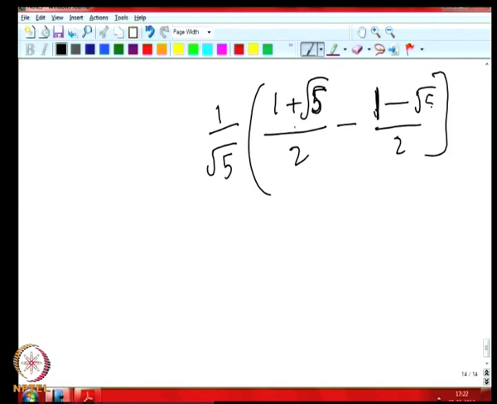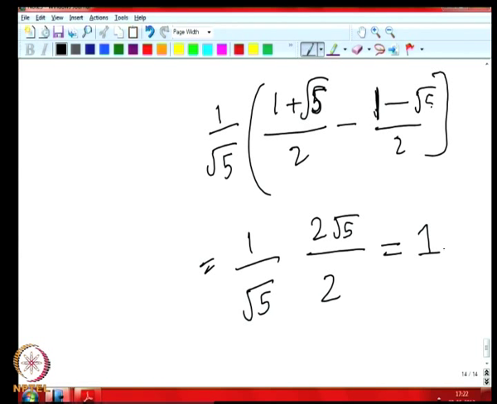This 2 is common, so the 1 cancels off, and then we get 1 by root 5 into 2 root 5 by 2, this is 1. So F1 we are getting as 1, right. Like that it is working out even for n equal to 0, 1, etc.